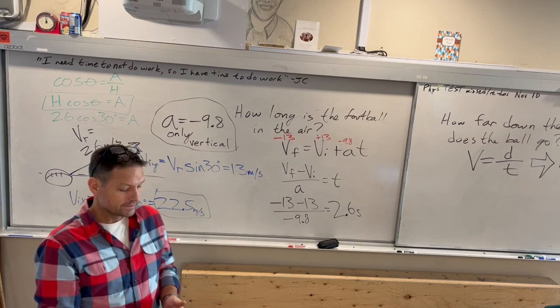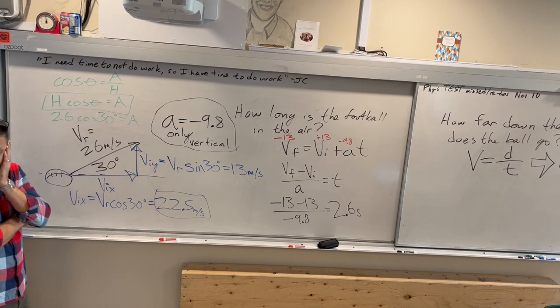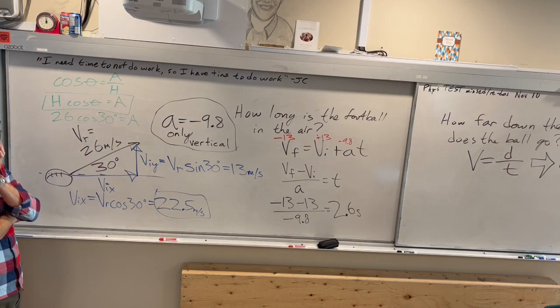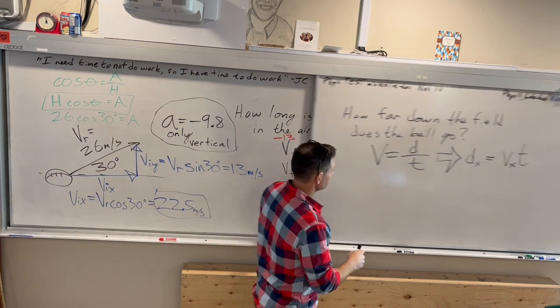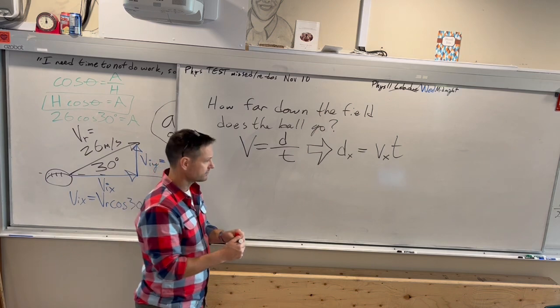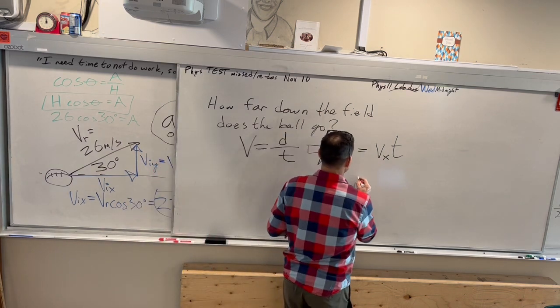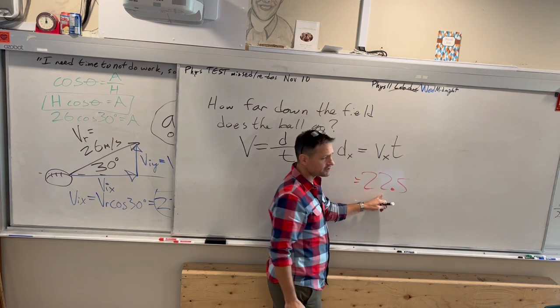Okay. So we know how long this thing's going to be in the air. So how are we going to find out how far it went? Times it with the Vx. What was my Vx? 22.5, times 2.6. Is this the final velocity or the initial velocity?